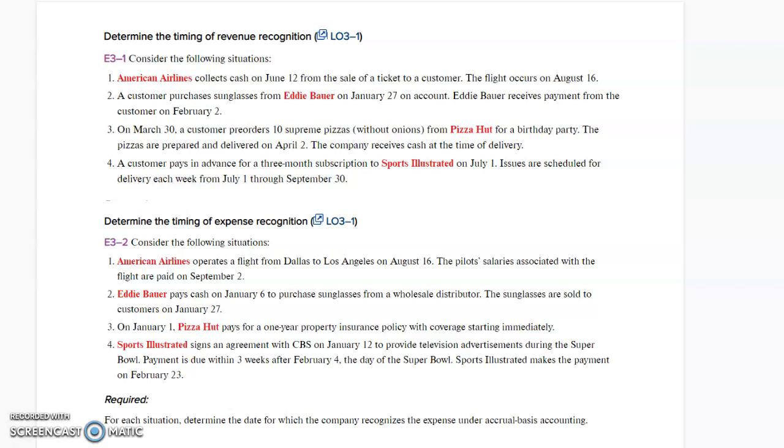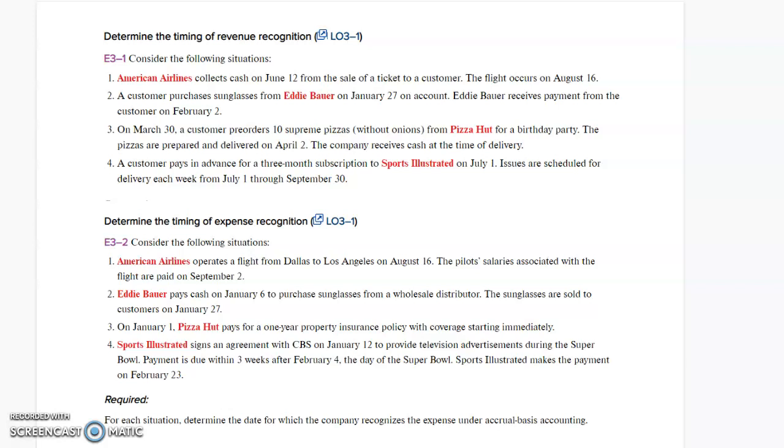Yes, they ordered them in March, but no cash changed hands and no services were performed in March. The service was performed, prepared the pizzas, delivered them, and the cash was all received in April. So here we're only going to have one journal entry to record the revenue that is earned in April and the cash that is received.